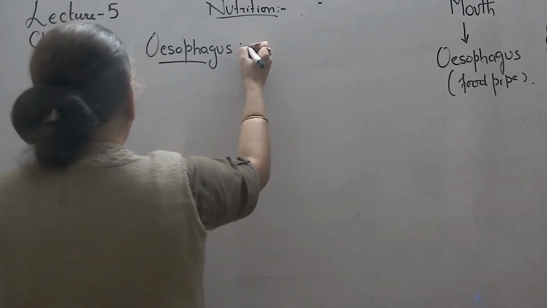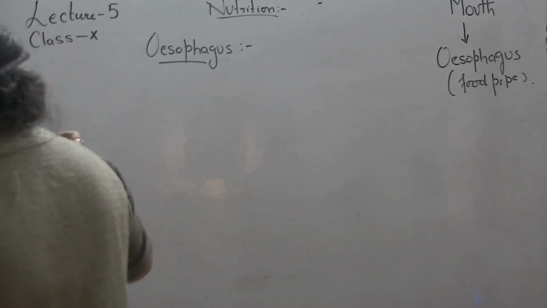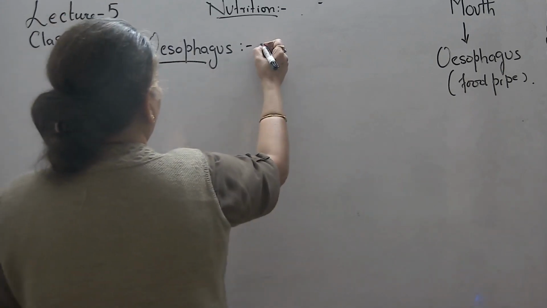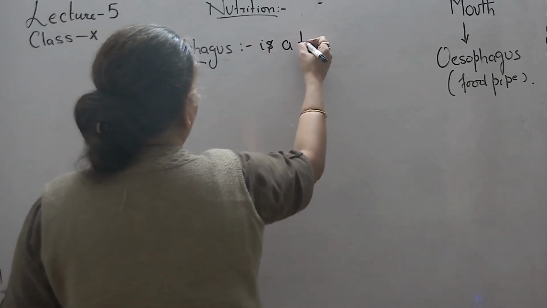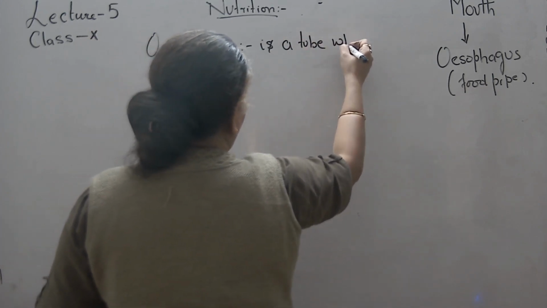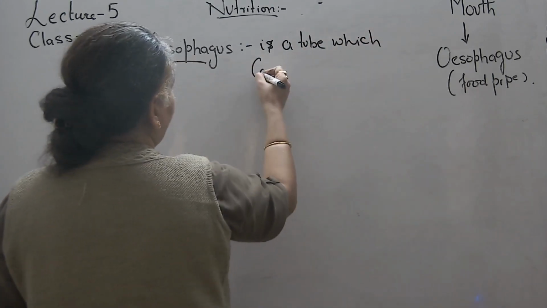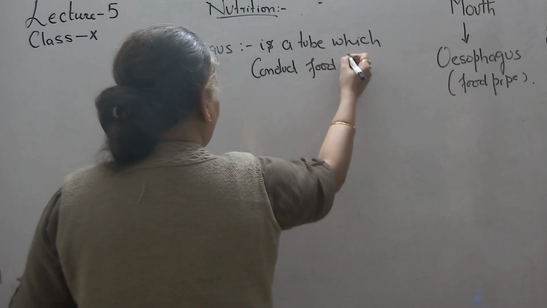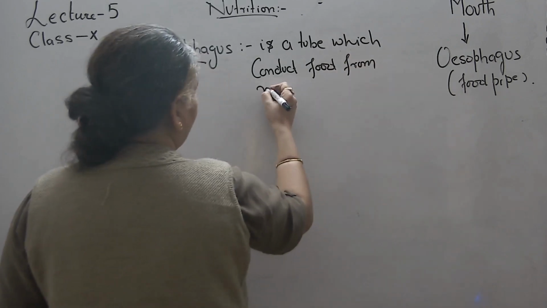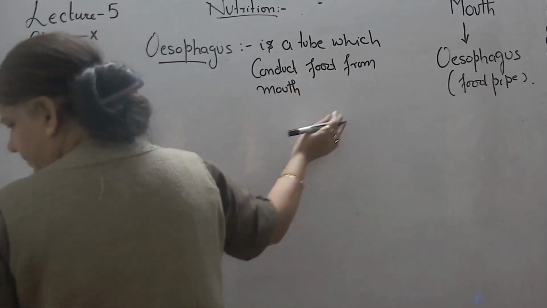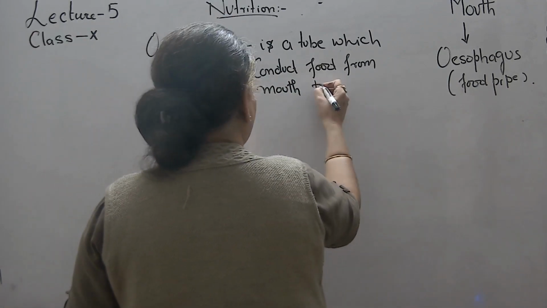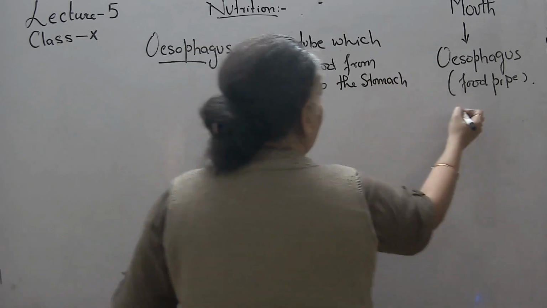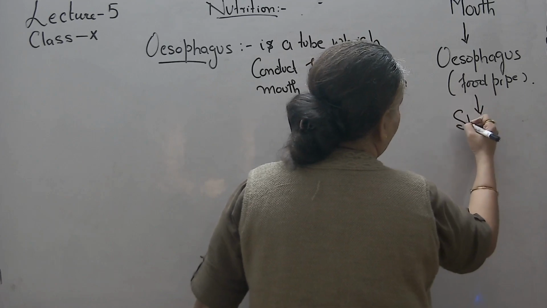So you can write down: esophagus is a tube which conducts food from the mouth to the stomach. From the esophagus, food is pushed into the stomach.